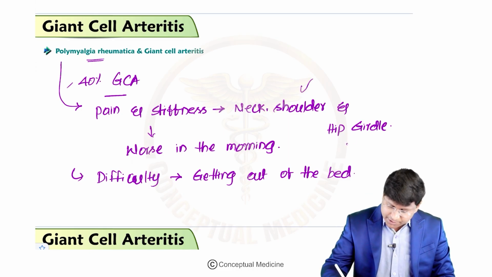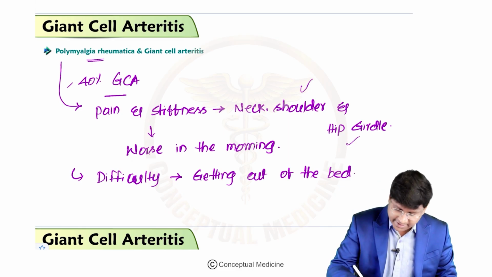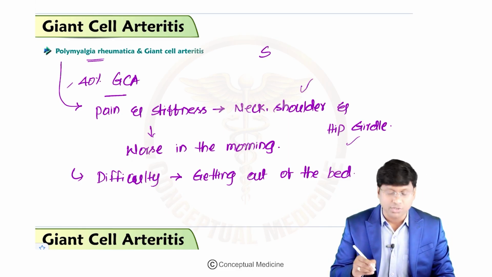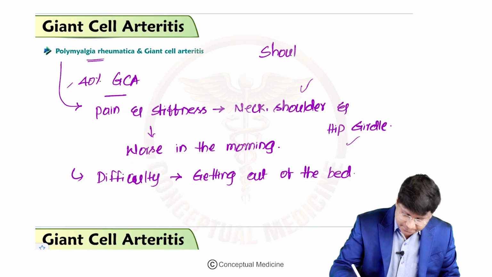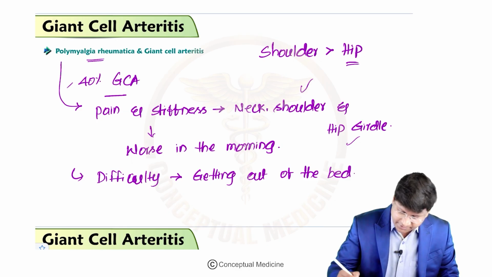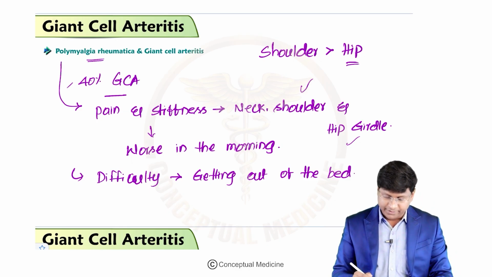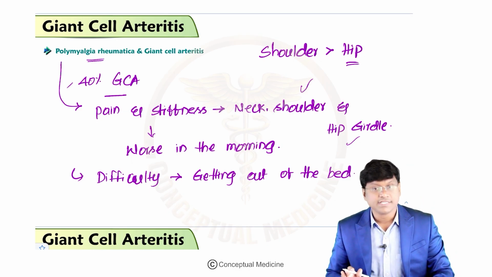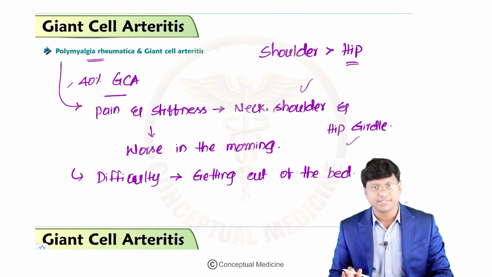Among the shoulder and hip girdle, it is the shoulder which is more commonly affected compared to the hip girdle. So that is about the features of polymyalgia rheumatica.